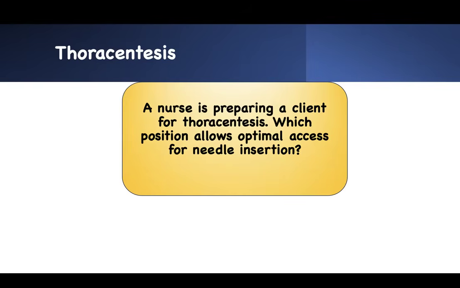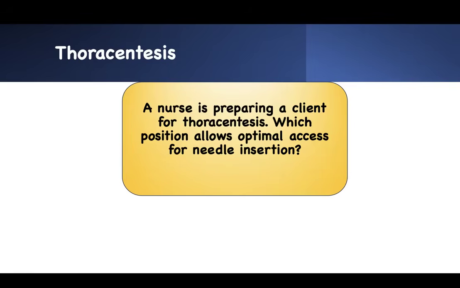Sit up and lean forward, right? After we remove the fluid, I'm using the word puncture the lung because you put a needle through the chest. So the complication is pneumothorax, but we are not actually puncturing the lung. We're trying to remove the fluid, but just to give you an idea.